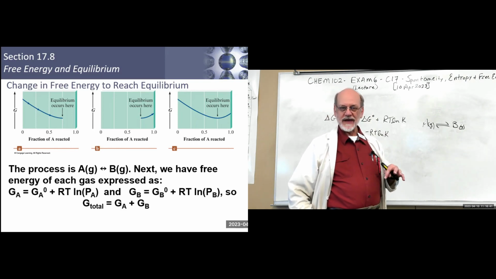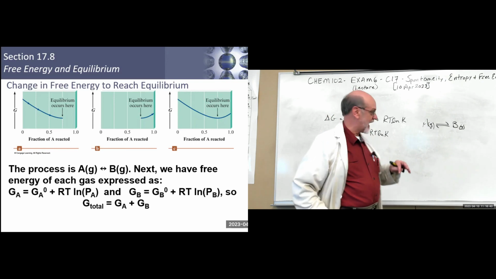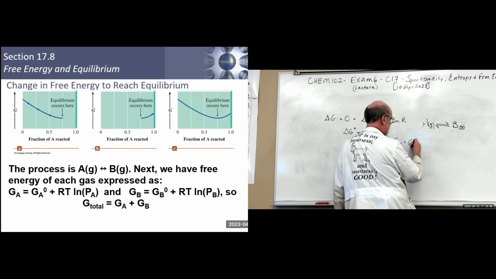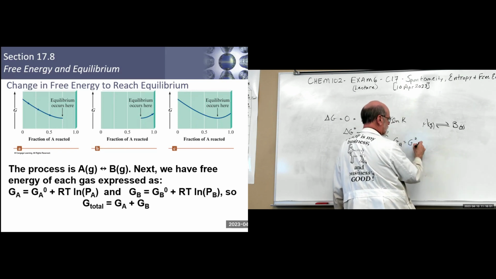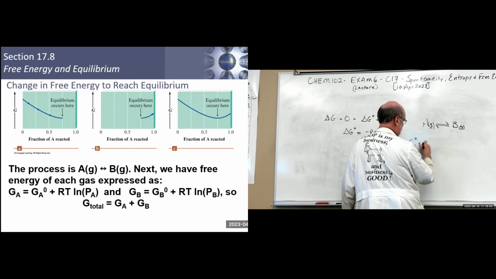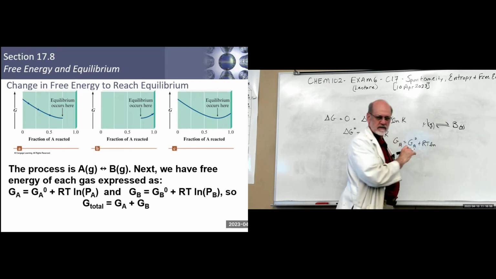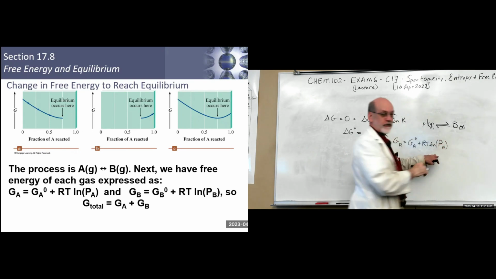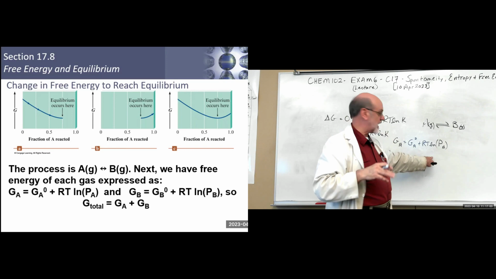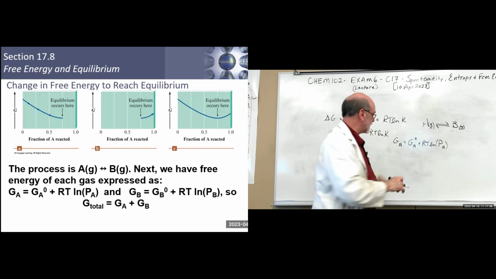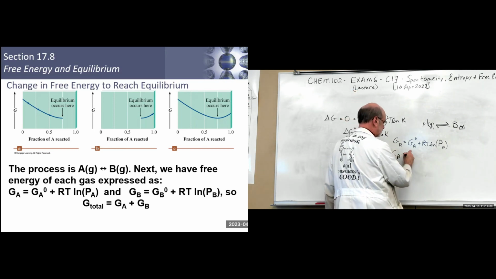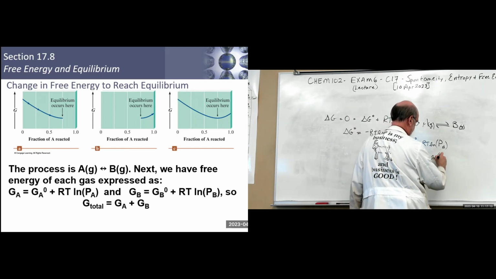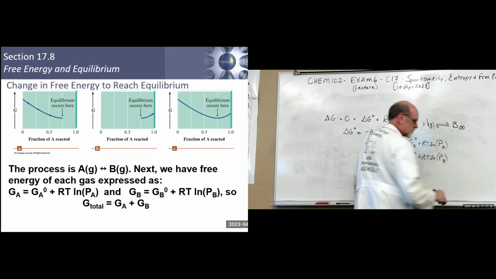So the actual free energy of A is equal to the standard free energy of A plus RT log partial pressure of A. Okay. That was our first formula that we saw on that previous slide. We can do the same thing for B, with the partial pressure of B.